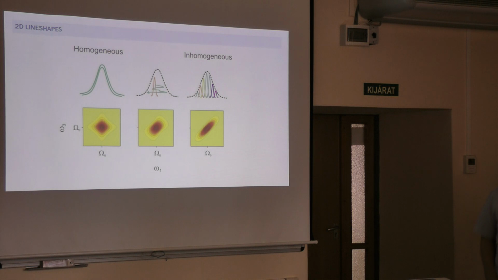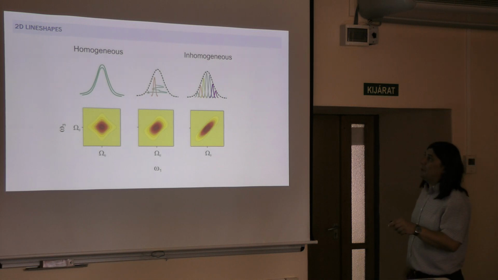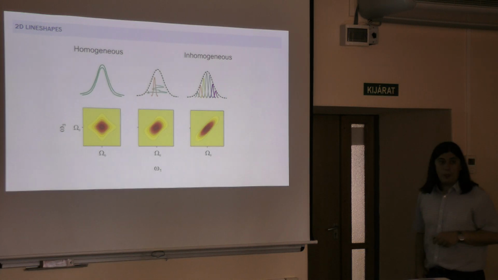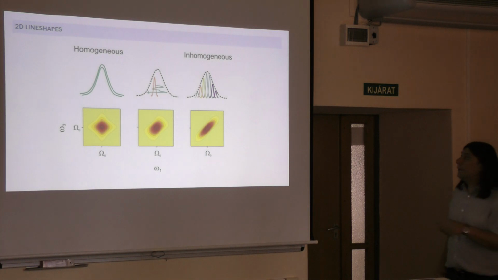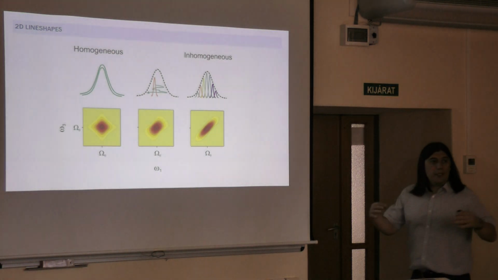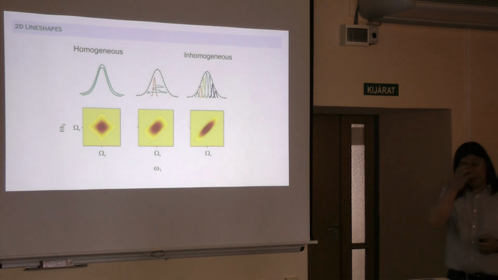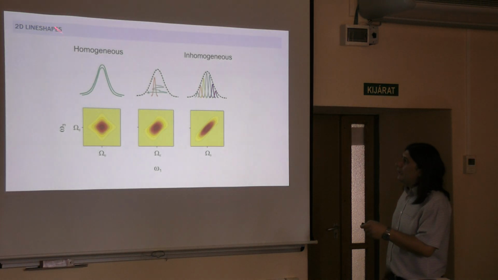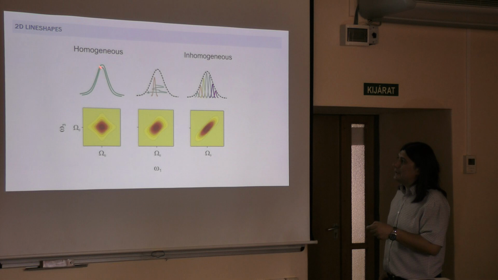Now, another thing is that the two-dimensional line shapes can separate, like I said in the beginning, the homogeneous from inhomogeneous broadening. Now remember, homogeneous broadening affects all the molecules equally. So let's say we have a homogeneously broadened system.